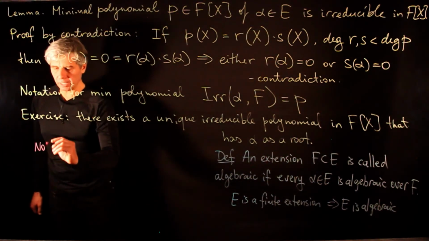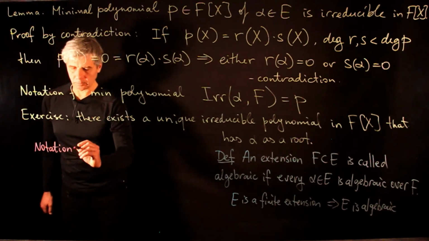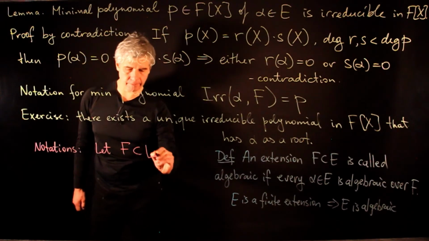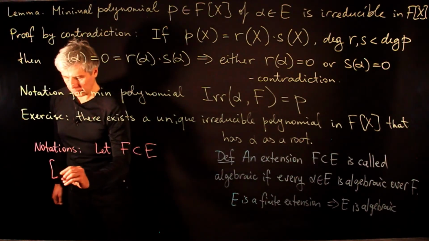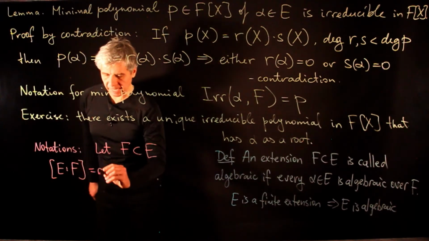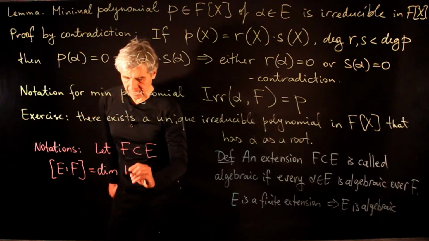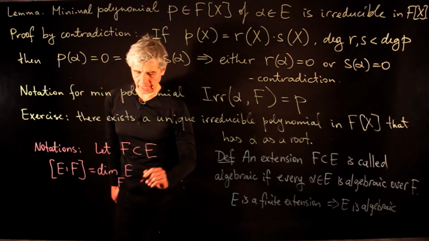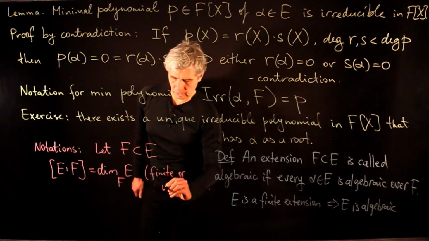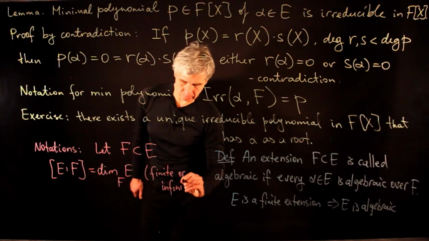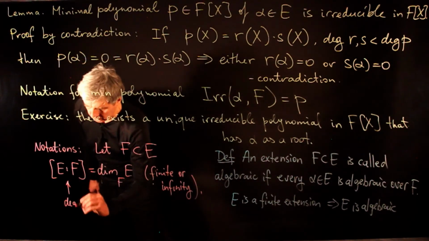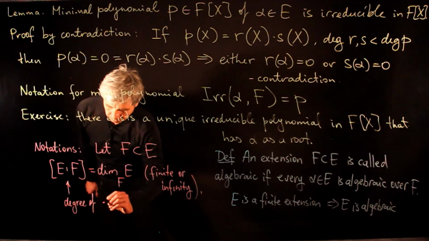We will use the following notations. Let E be an extension of F. Then this symbol will stand for the dimension of E as a vector space over F. And so this could be a finite number or infinite. We will call this the degree of an extension.